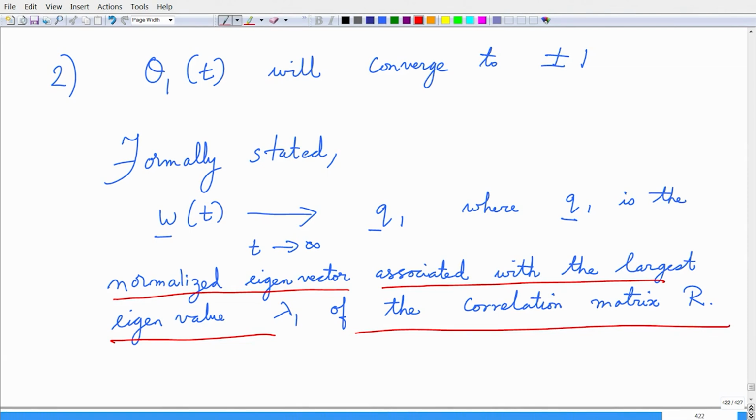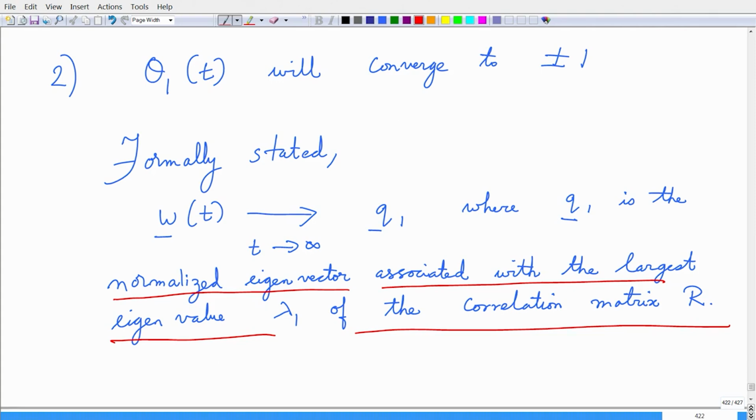Now, if you were to pause here and ponder what is happening, all that was done in the Hebbian update was you were trying to take a projection, you were taking this weight update at time n plus 1, which is weight update at time n, plus some eta times the output times the input.